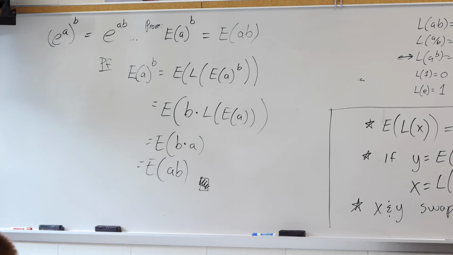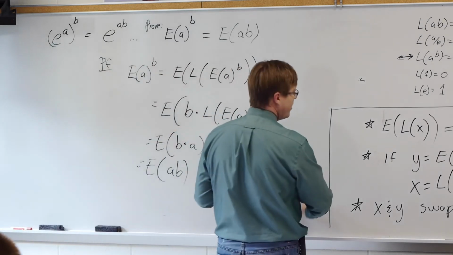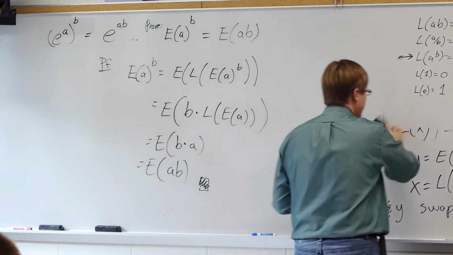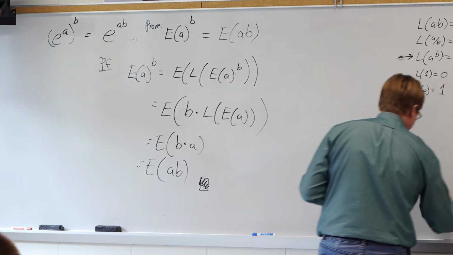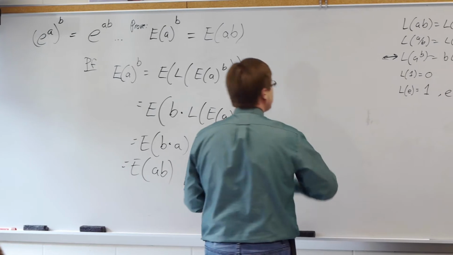So if I add those things to the list, I've got all that stuff about E over there, and now I know that E has these properties that look a whole lot like exponents. I want to figure out just a couple other things about E, kind of round off our list. So let's make a list here.